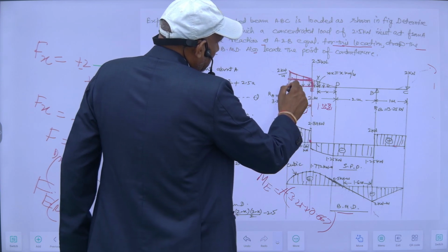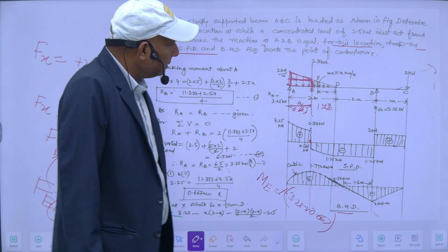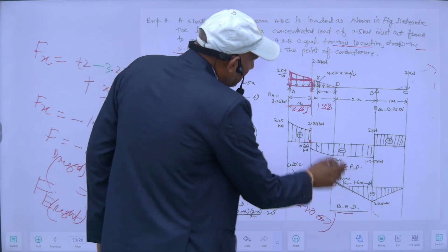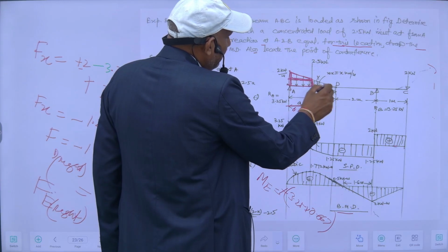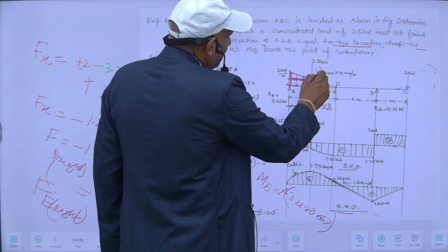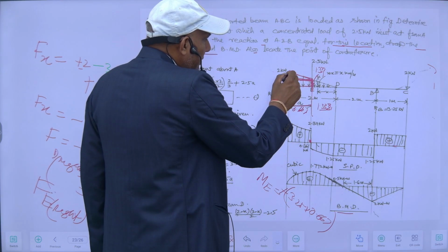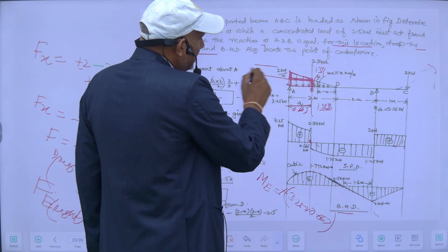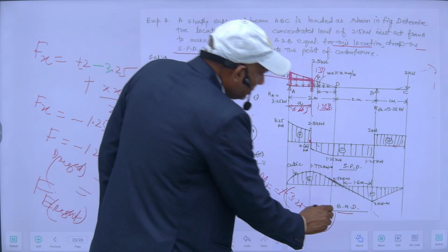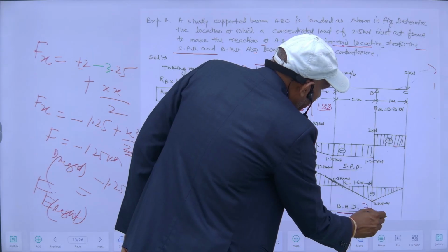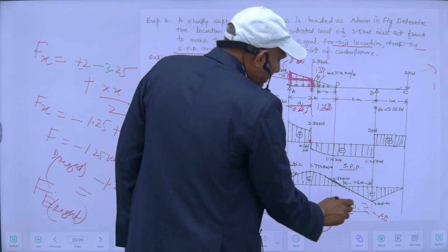So my bending moment at this point will be 3.25 into this one minus the triangle. Obviously this intensity will be 1.3333, since x is equal to 1.3, so this will be 2 minus 1.3333, which means 0.667. So this is the point.